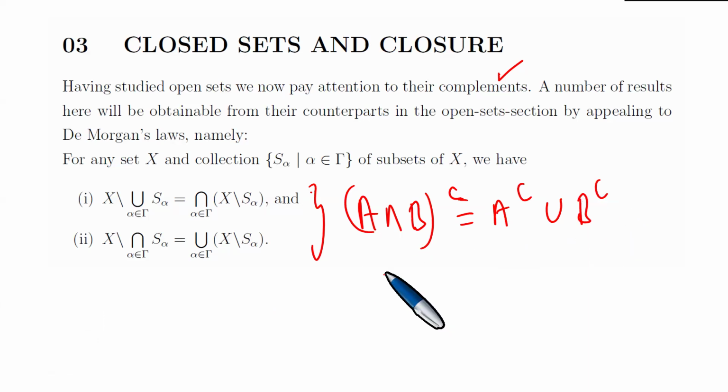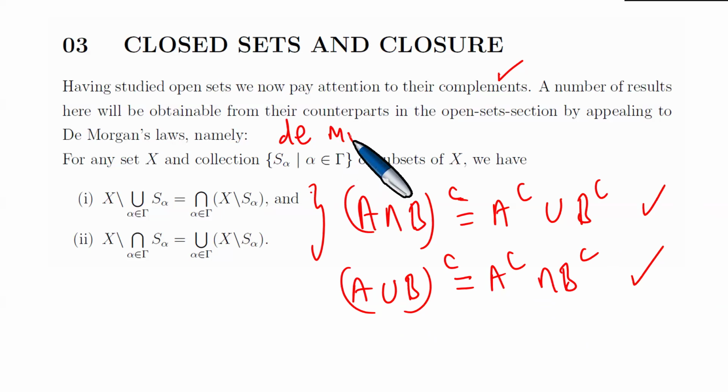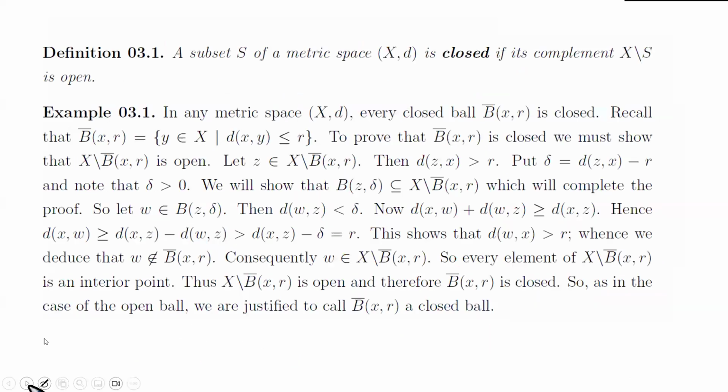This is De Morgan's law for the intersection, but we can also have De Morgan's law applied to the union, so that the complement of A union B is A complement intersection B complement. These two properties remain very important, and we pay attention to them here, and we continue with our study.